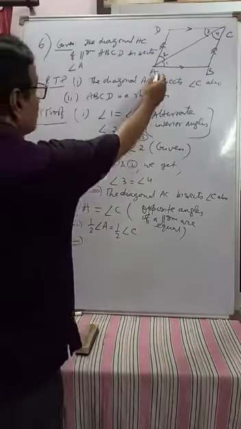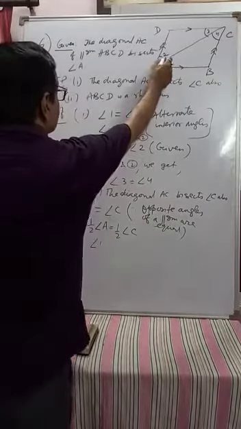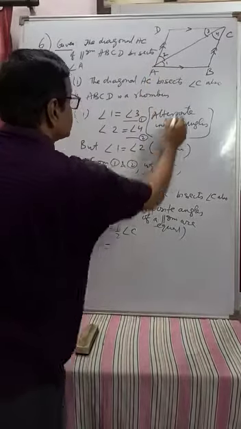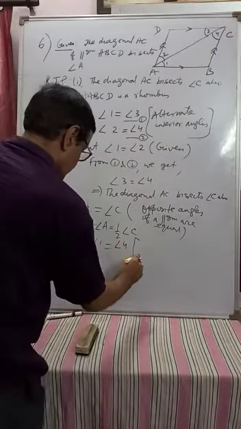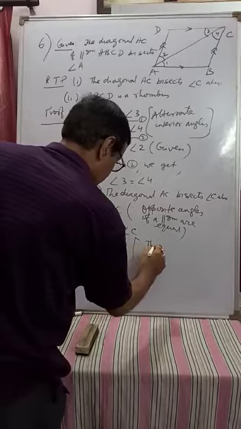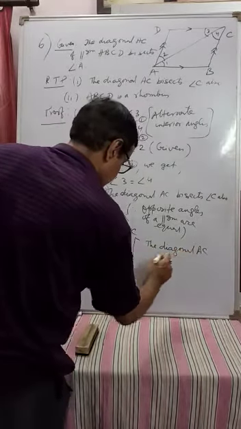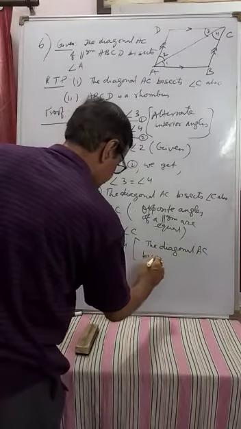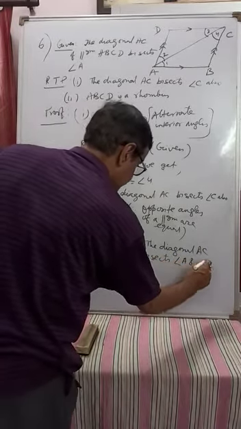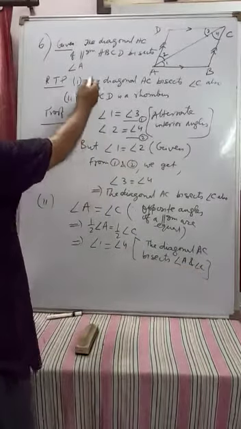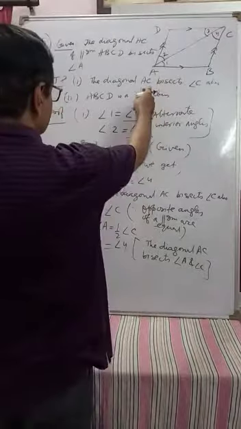Angle A's half we are taking as angle 1, and angle C's half we can take as angle 4. Why? Because the diagonal AC bisects angle A, which is given, and it also bisects angle C, which we have proved.